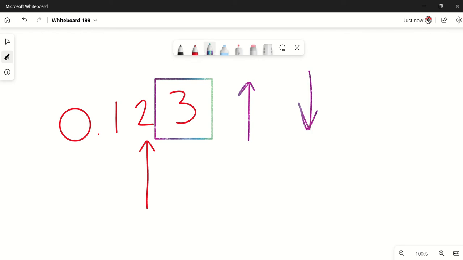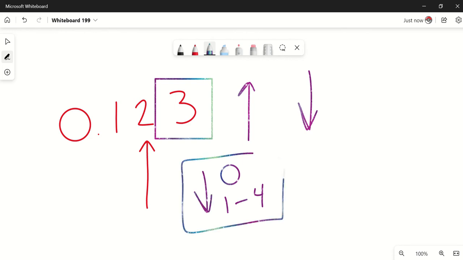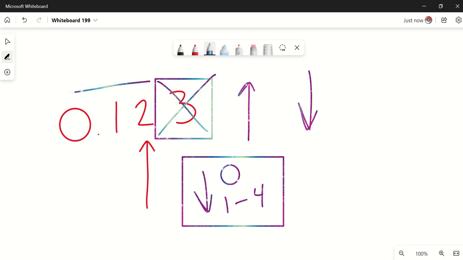If the number is 0, of course we just chop it off and we're fine. If it's numbers 1 through 4, we're going to round down. So in this case, this would just chop down to become 0.12, 12 100ths, which would be 12%.